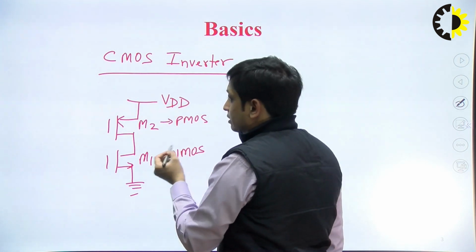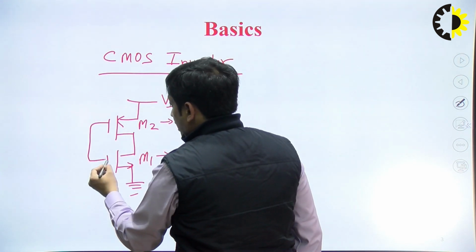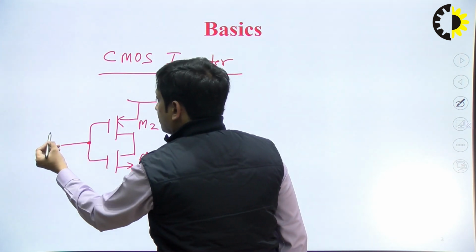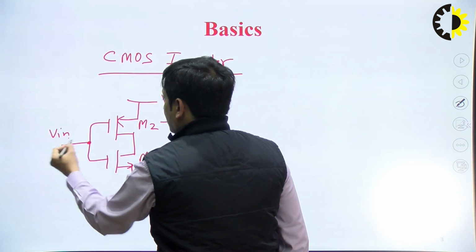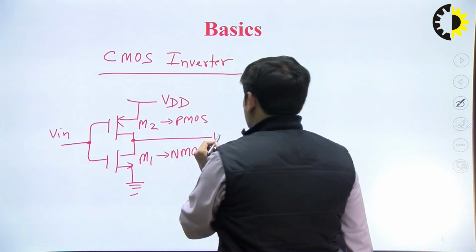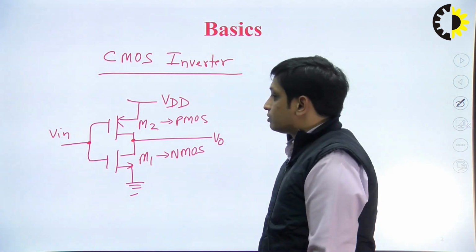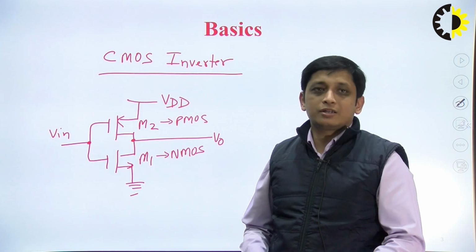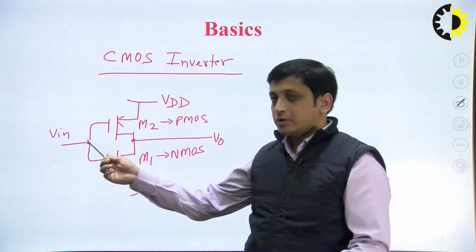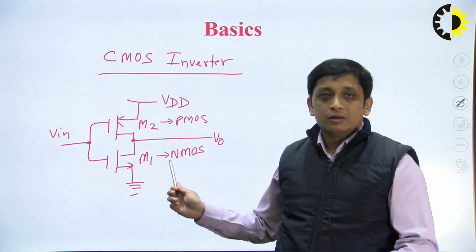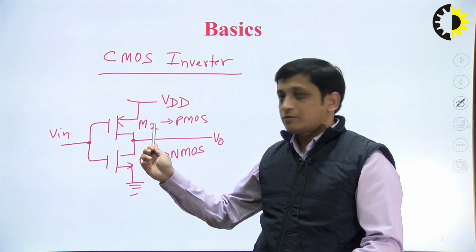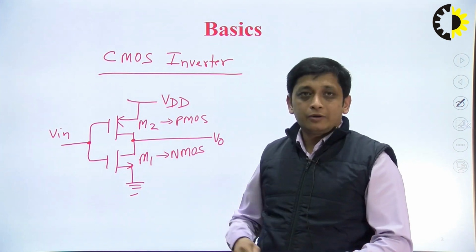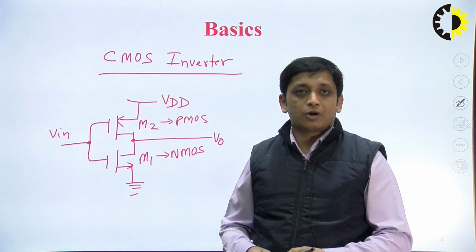In the CMOS inverter, we apply the input Vin at the gate of both the transistors, NMOS and PMOS, and we take the output V0 from the drain of the two transistors. So, this is the basic CMOS inverter. It is an inverter because if input is low, then PMOS will be on, so output will go to the higher voltage, so output will be high.